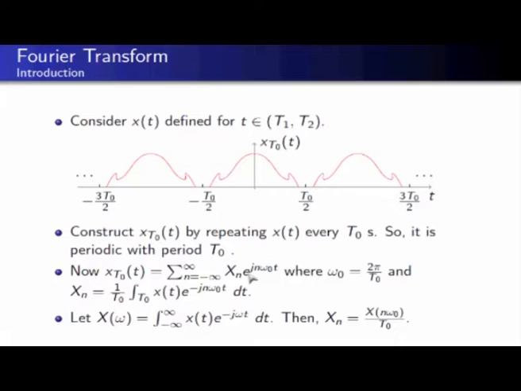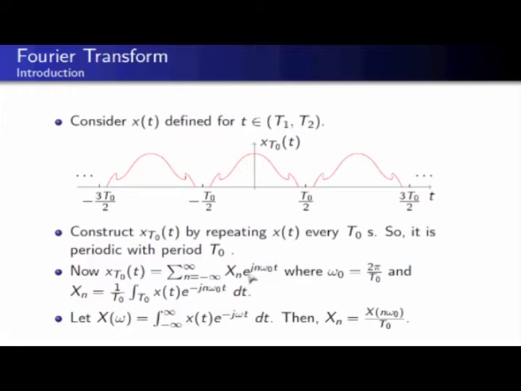I know already that xn is given by the standard Fourier series coefficient integral, 1 by t naught integrated over any one period t naught, x of t, that's the signal in one period, and e raised to minus j n omega naught t dt.